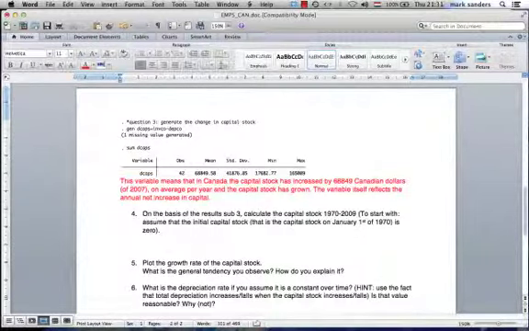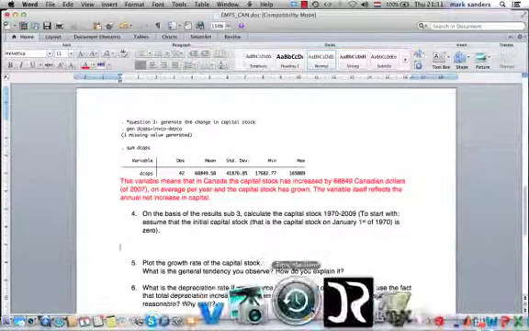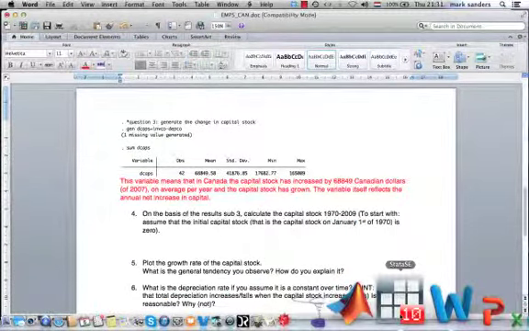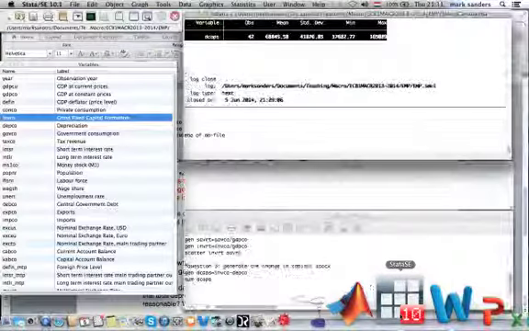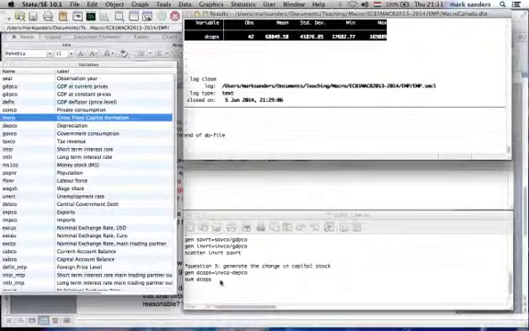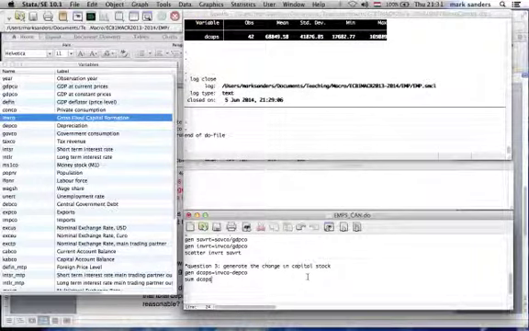Okay, now, if we assume that the initial capital stock is 0, so question 4, we assume the capital stock with an initial value of 0, then we can construct a capital stock by simply summing up this variable.